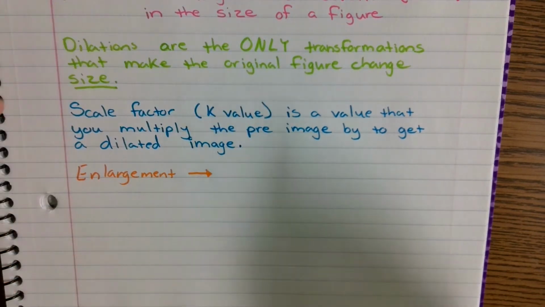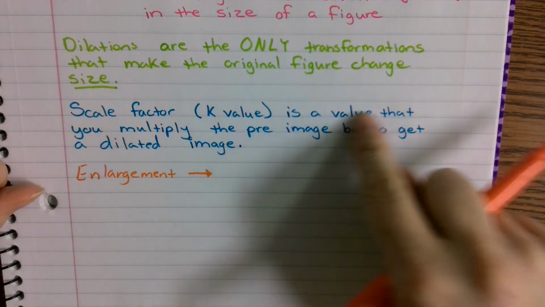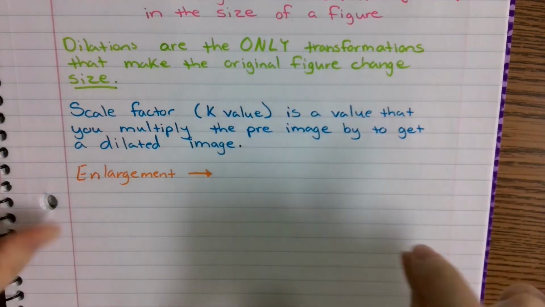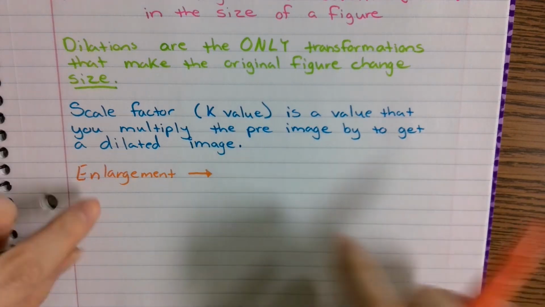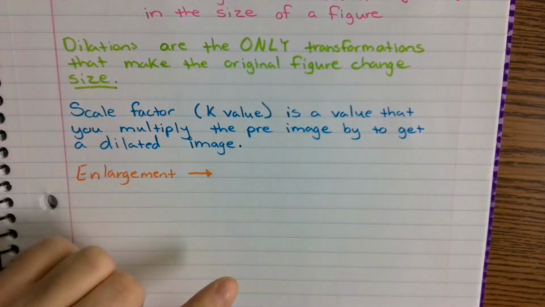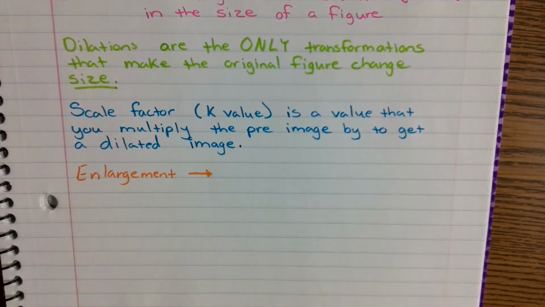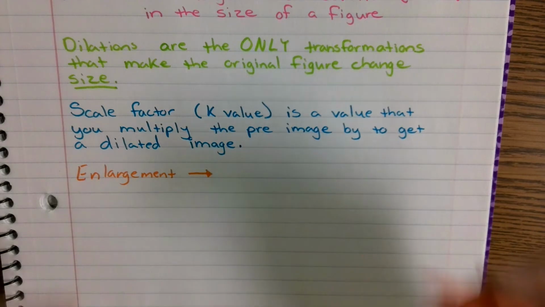In order to be able to do a true dilation, instead of dragging it by the sides or by the tops and bottoms, you have to drag it by the what? Anybody know? Not the middle, but the corners. The corner keeps it proportional.